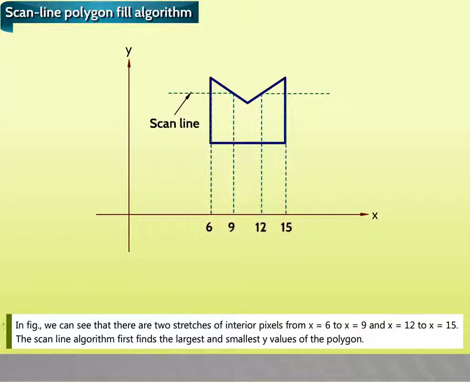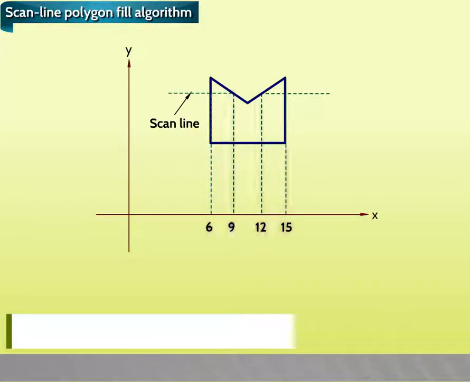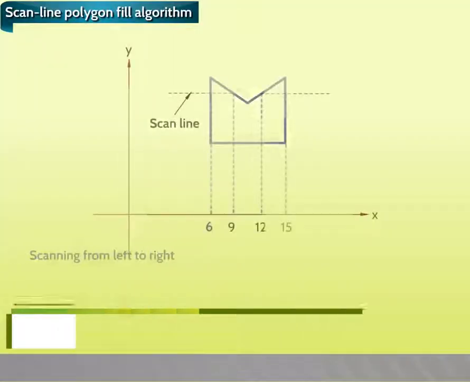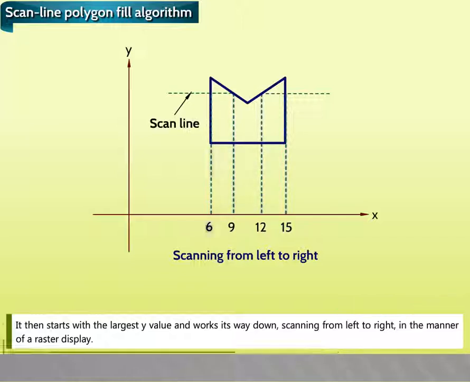The scanline algorithm first finds the largest and smallest y values of the polygon. It then starts with the largest y value and works its way down, scanning from left to right in the manner of a raster display.